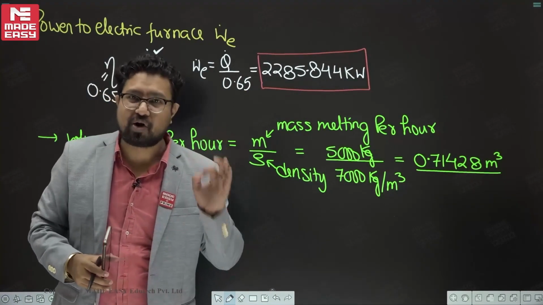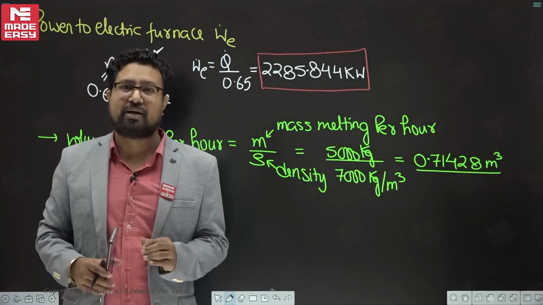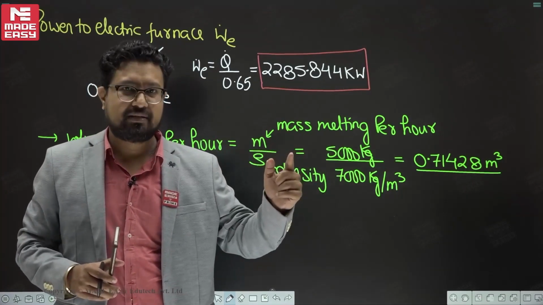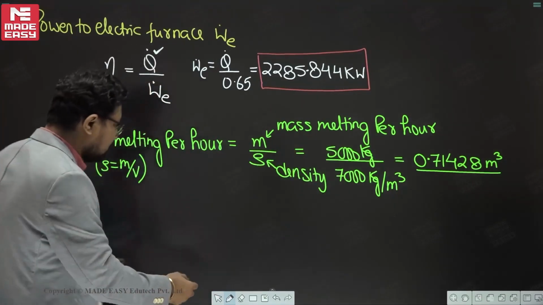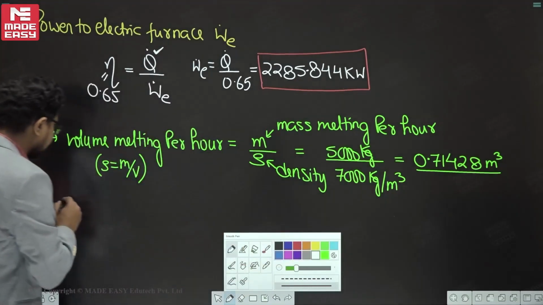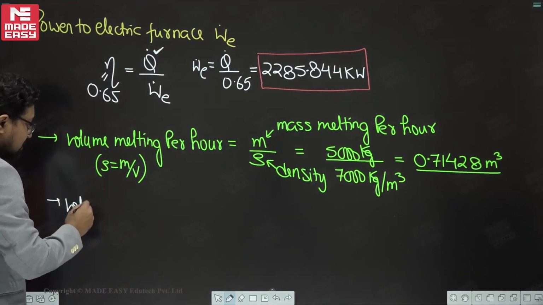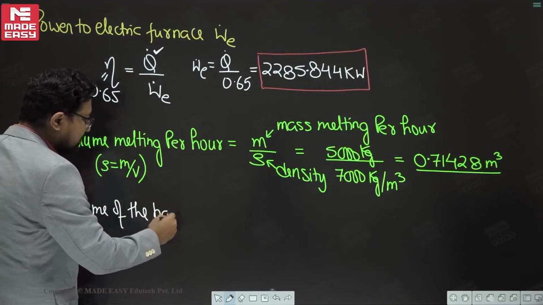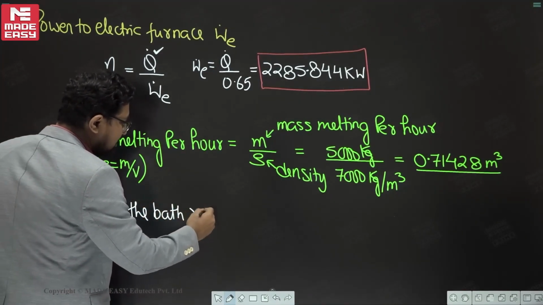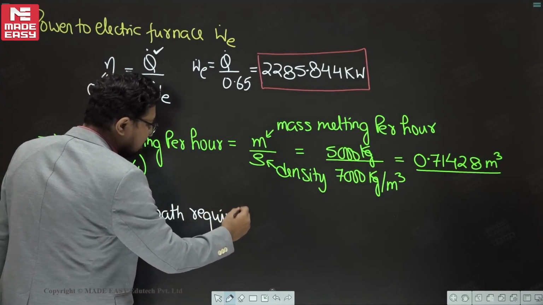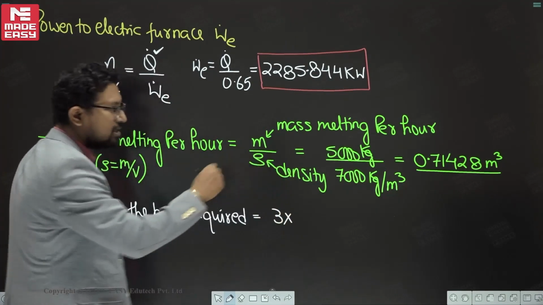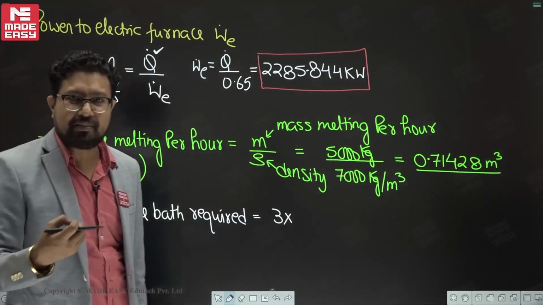Now, what is the volume of the bath required? Volume of the bath required is 3 times the melting rate per hour. So volume of the bath required will be equal to 3 times whatever is the hourly melting rate.